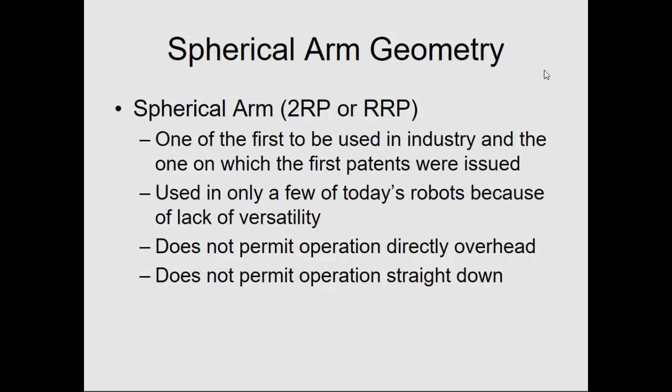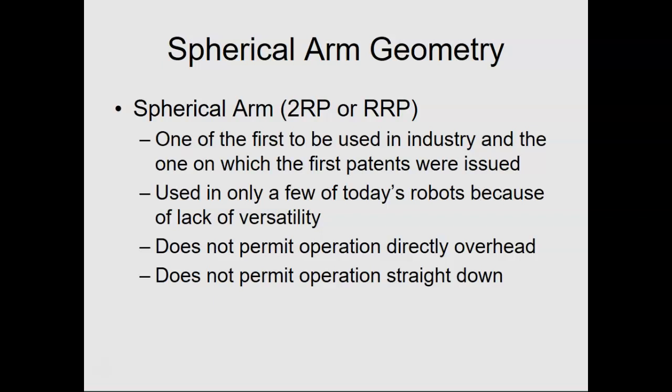So you have a spherical arm geometry. This is one that's got two rotational axes and one linear axis. If you remember the Unimate, this is where the Unimate started. The Unimate was the first one.